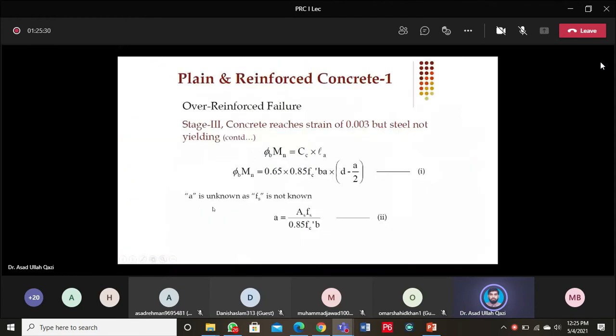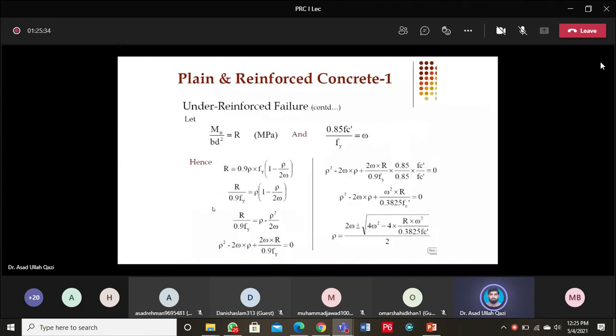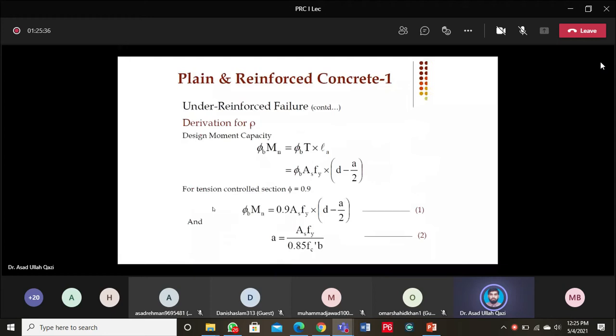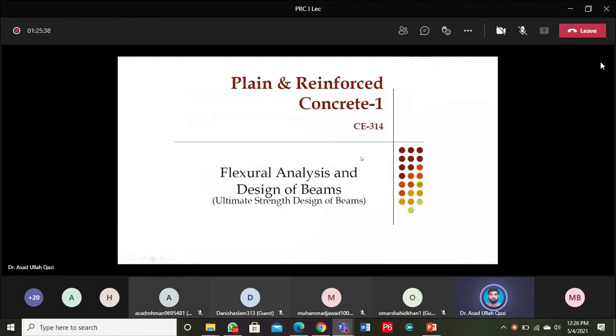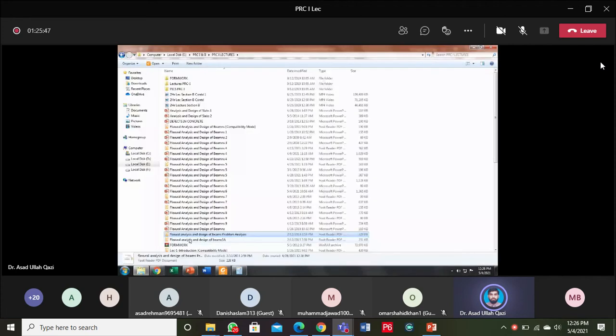In this presentation, this rho max equation derivation is not available, so let me open it for your reference.